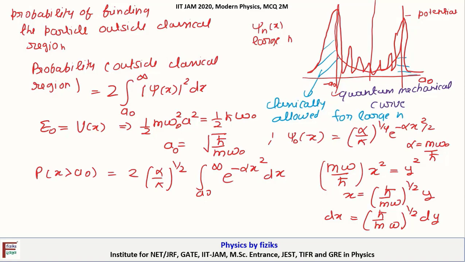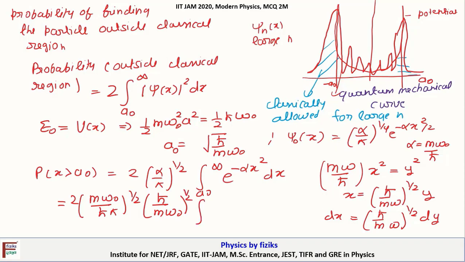Now using the change of variable method, we would have 2 alpha, that means m omega naught by h cross pi to the power 1 by 2, times h cross by m omega naught to the power 1 by 2.